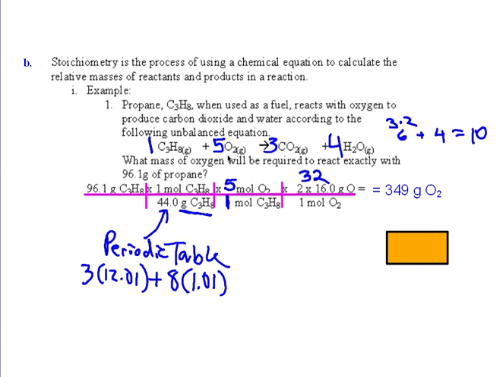Now, if it had asked for moles, we could have stopped right here, but it actually asked for mass, so I did one more step, and I said, okay, well, 1 mole of oxygen is 32 grams on the periodic table. That's 2 times the mass of oxygen. And I was able to calculate that the total mass of oxygen needed is 349 grams of oxygen.